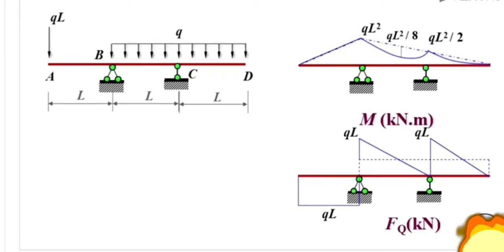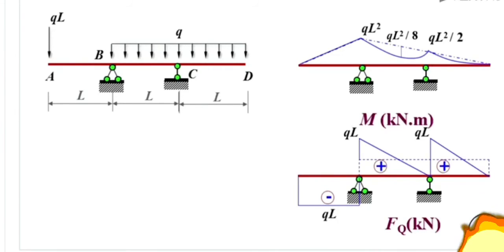For the right side of section C here, this value is half of QL plus half of QL, so that's QL. And for section D, the shear force is equal to positive half of QL minus half of QL, so that's 0. At last, we give signs for the shear force diagrams.